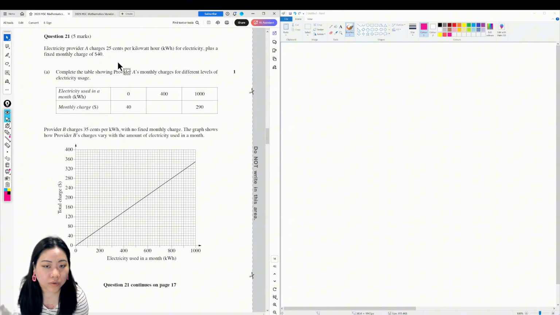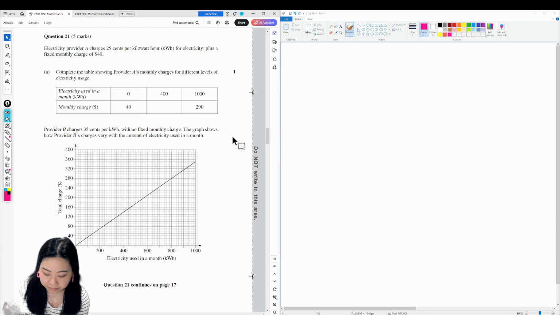Very good. Question 21, 5 marks. Electricity provider A charges 25 cents per kilowatt hour for electricity, plus a fixed monthly charge of $40. A. Complete the table showing provider A's monthly charges for different levels of electricity usage. When you use no electricity, you still have to pay $40. How much do you have to pay if you use 400 kilowatt hours?